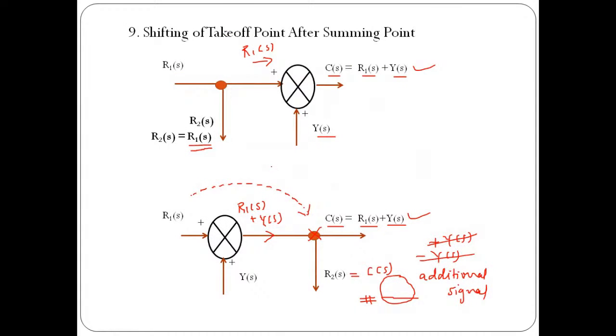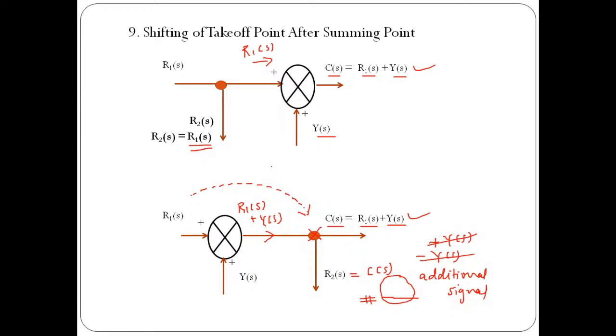I want everybody to please note this down. What will happen if you shift a takeoff point after a summing point? See, the rule that we apply over here, and to validate that rule, the logic remains the same.